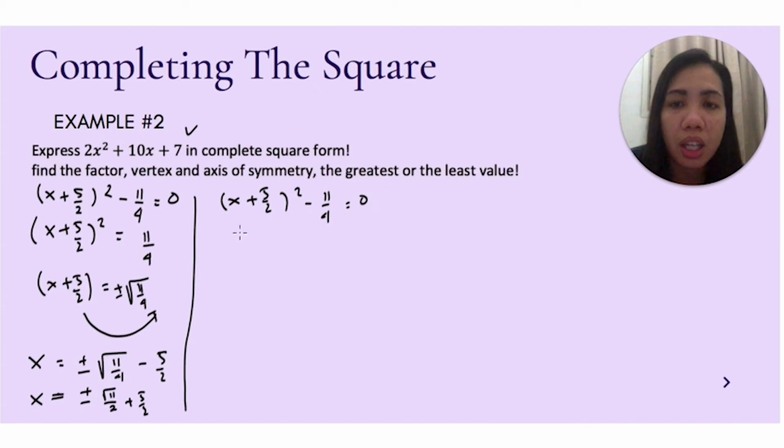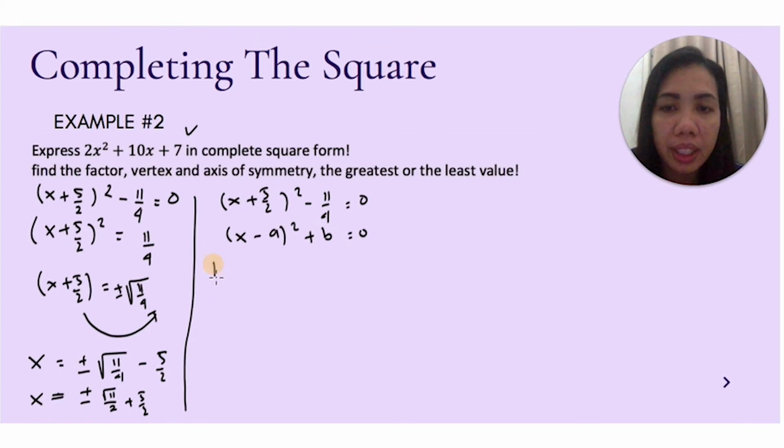Okay, now remember the standard form of this is x minus a squared plus b equals 0. (a, b) is the vertex. So the vertex is (a, b).